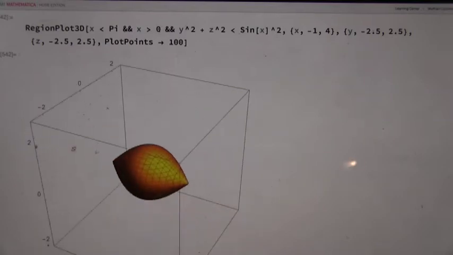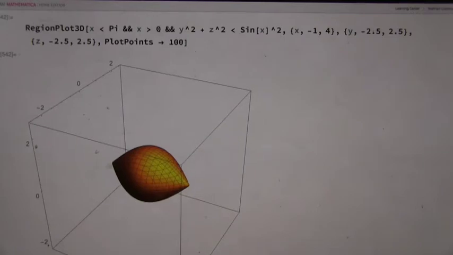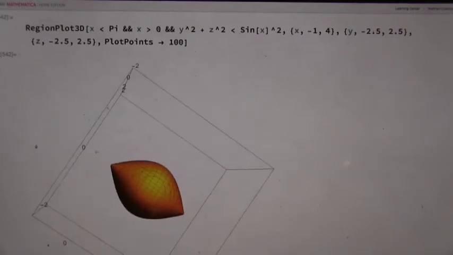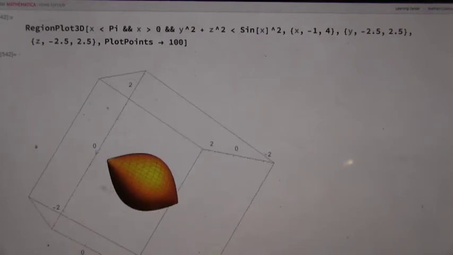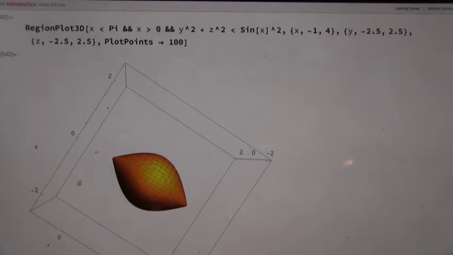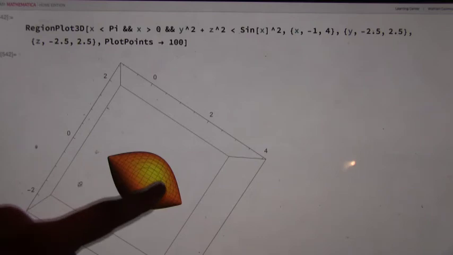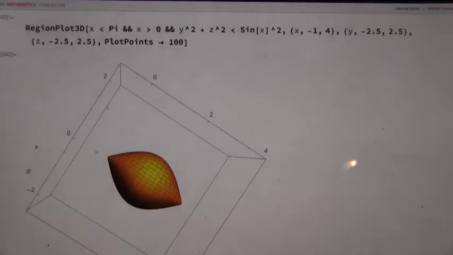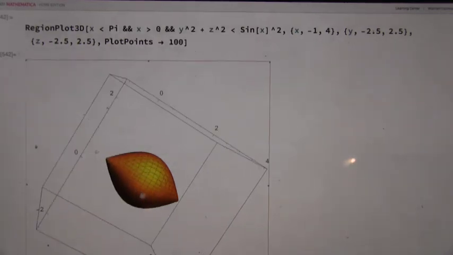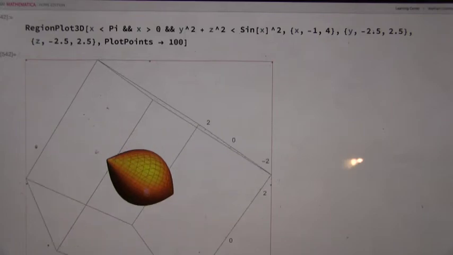All right, here, play around with it. When you look at it right on, it's this top part, the sine x, but then we rotated it all the way around. It's pretty neat to see that shape.